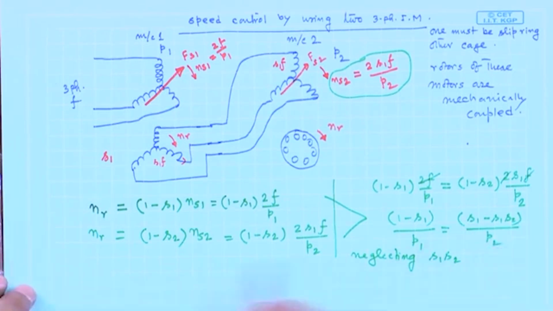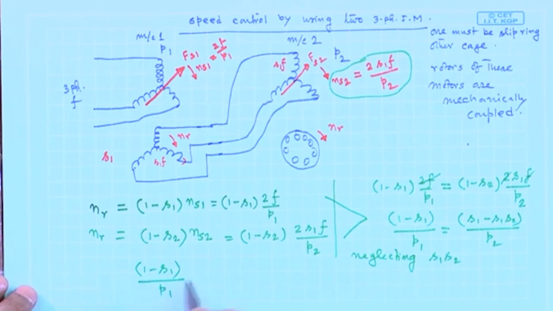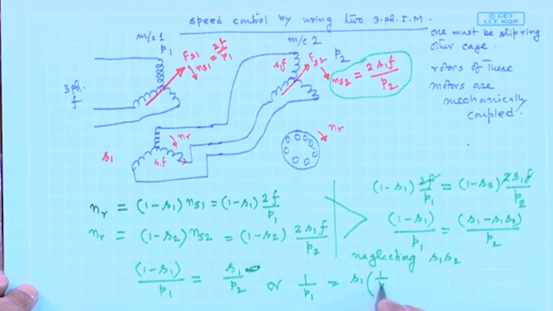If you neglect it, then approximately you can get a fair idea of the synchronous speed. Is that clear? We get 1 by P1 equal to S1 by P2 here, or if you take this 1 by P1 here, and bring this side, it will be S1 by (1 by P1 plus 1 by P2).